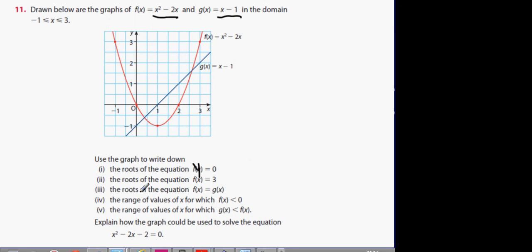Now that we've got that done, when is the y value 0? Anybody? X equals 0 and x equals 2. See the way it says f of x equals 0? That question means what input is the output 0?